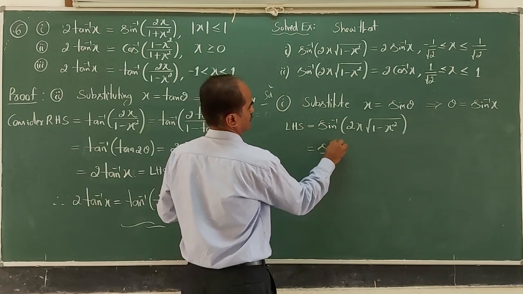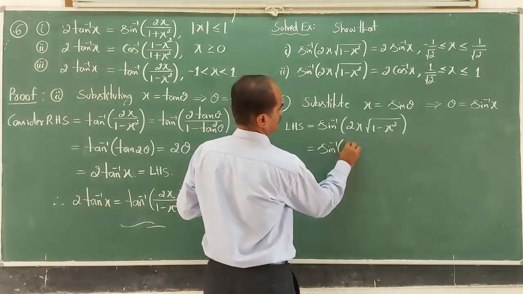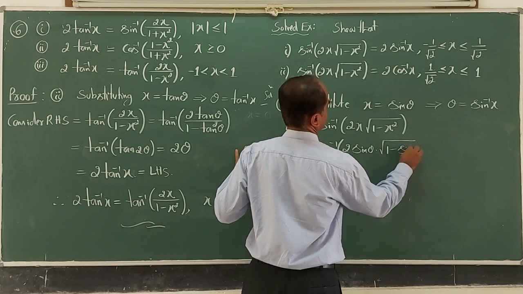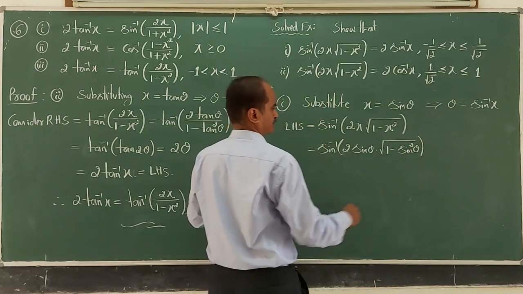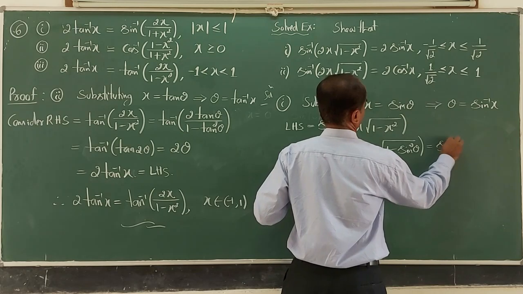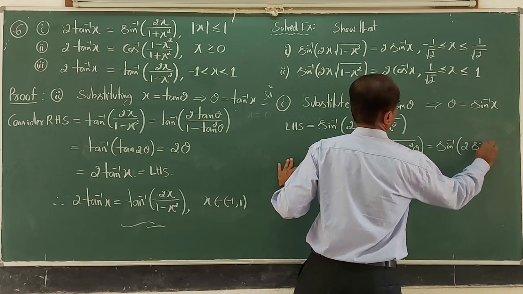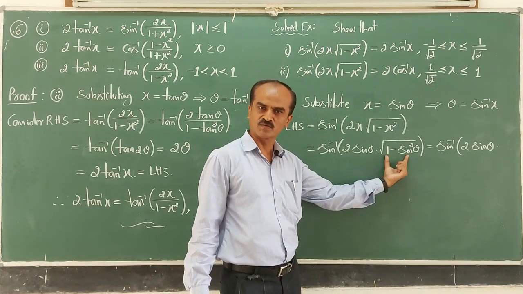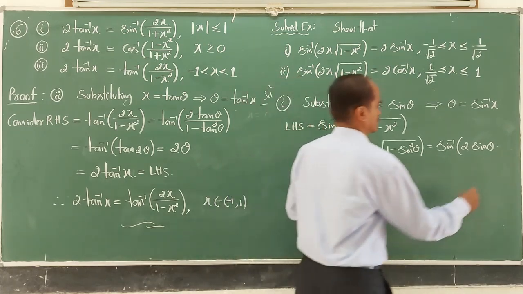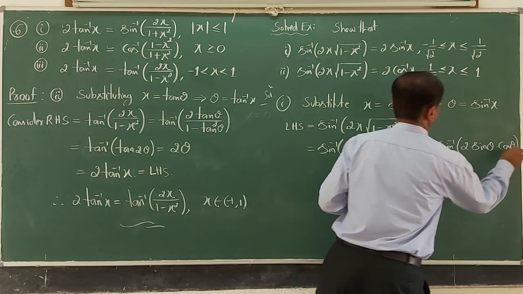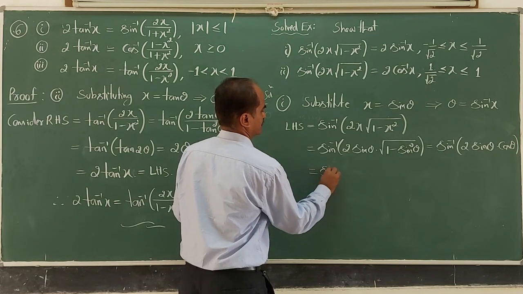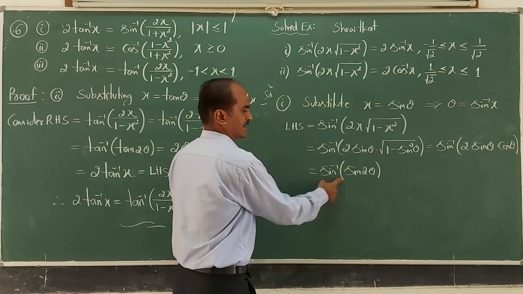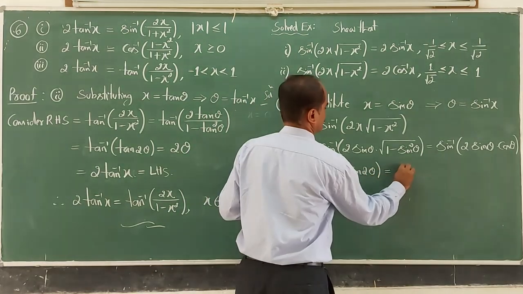It is sin inverse of, now substituting x equal to sin theta, 2 sin theta into root 1 minus sin square theta. That is sin inverse of 2 sin theta into what? 1 minus sin square, standard identity, is cos square, square root of cos square is cos. So it is cos theta. Now it is sin inverse of sin 2 theta. Sin inverse of sin x is equal to x, that is, 2 theta.